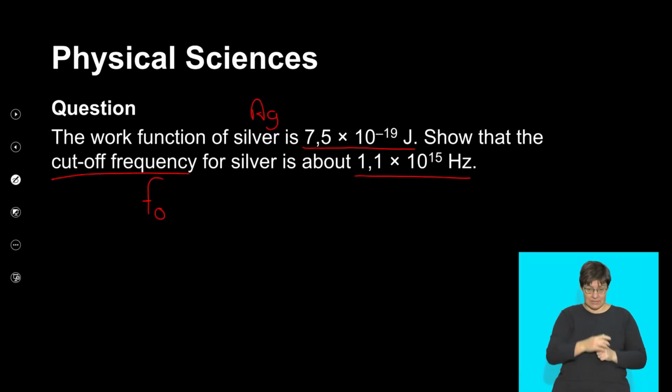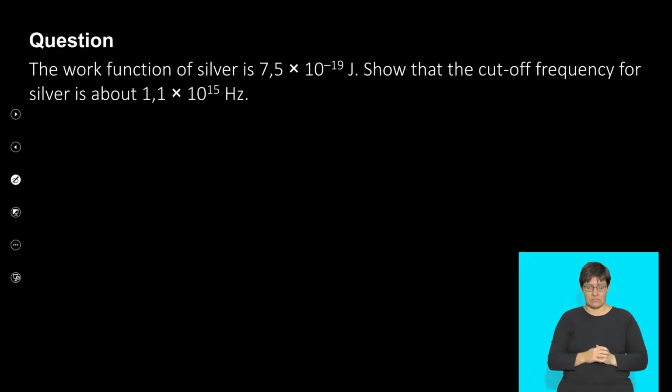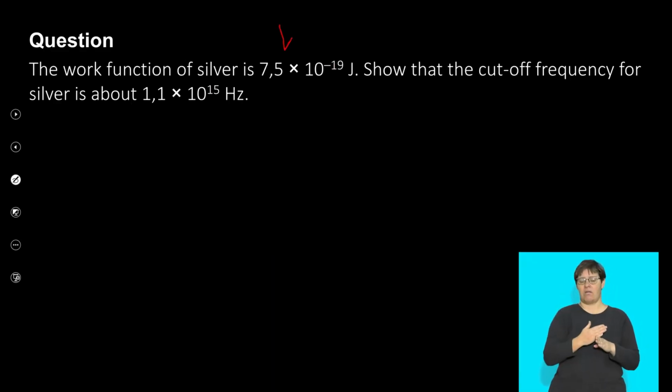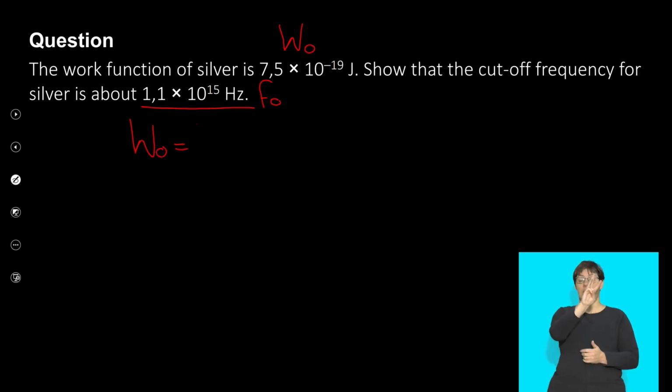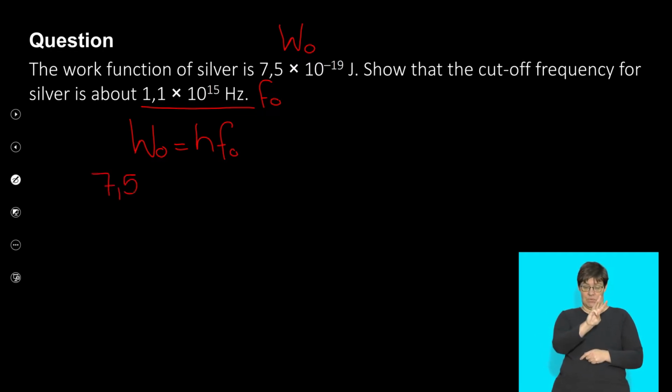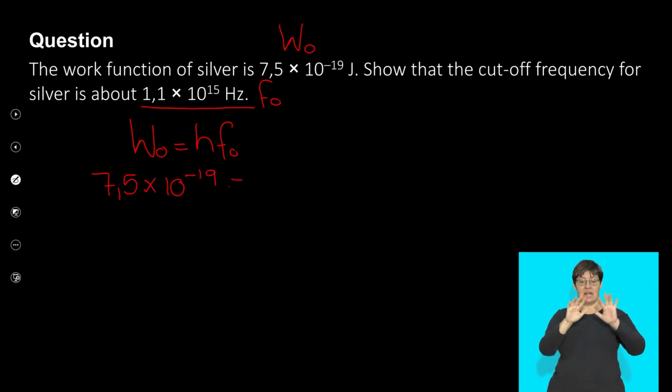So, I know what the work function is. This is W0. I need to prove that value, so I can't put that in my equation. We remember that the work function is h times f0. They've told me W is 7,5 times 10 to the minus 19. h is a constant.